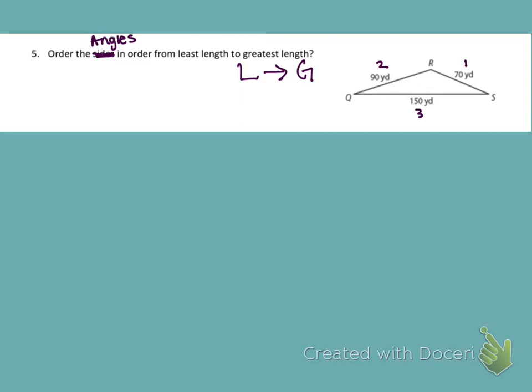So I start at 70, and if I just go, sorry, wrong direction. If I just go straight across, that gets me there. The goal is to draw an arrow at the angle that's straight across, and that's this angle right here. Okay, so that is your smallest angle. So that is angle Q.